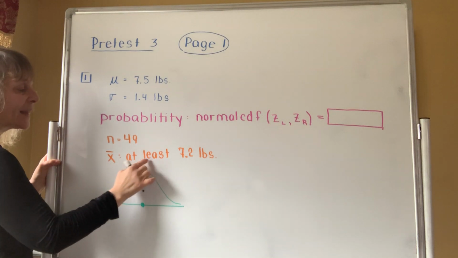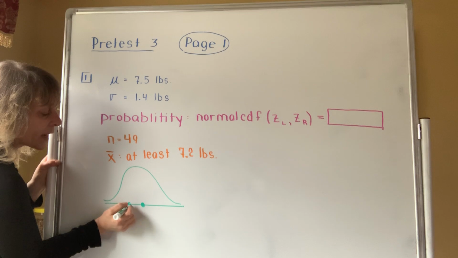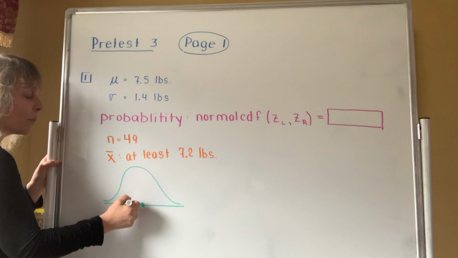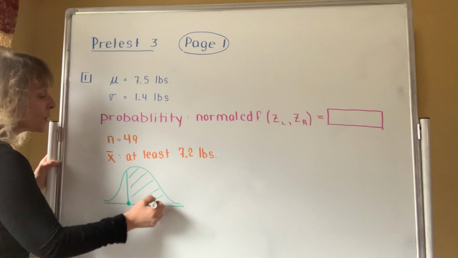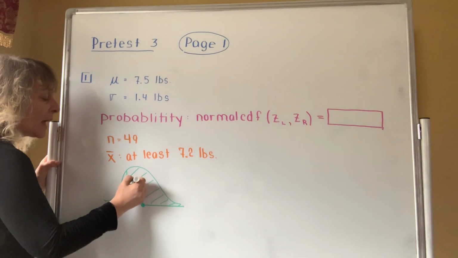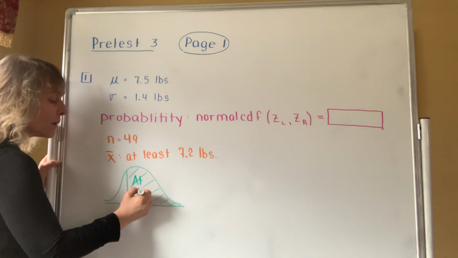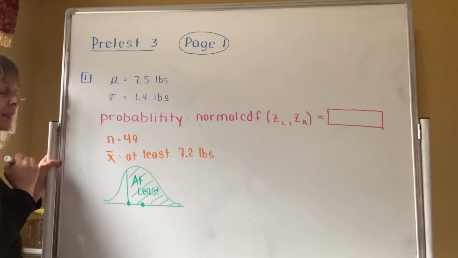So if I want to know at least 7.2, 7.2 is located on this side. At least 7.2 means 7.2 or higher. So you got to make sure you know that, because at least sounds like you should go to the left. At least is that number 7.2 or higher. So you're actually shading on the right-hand side when it says at least.